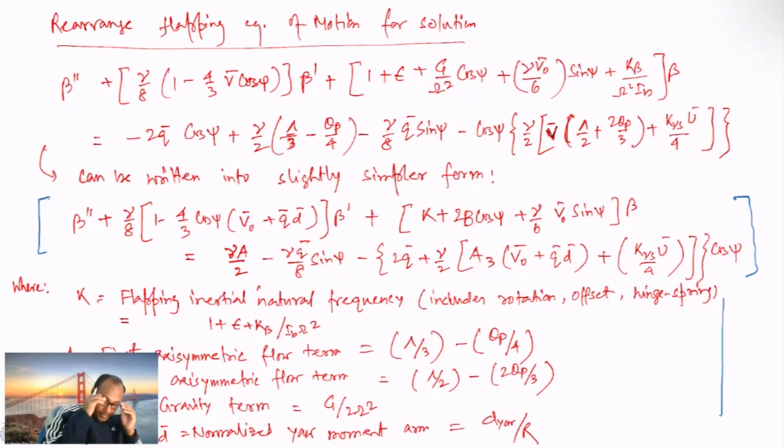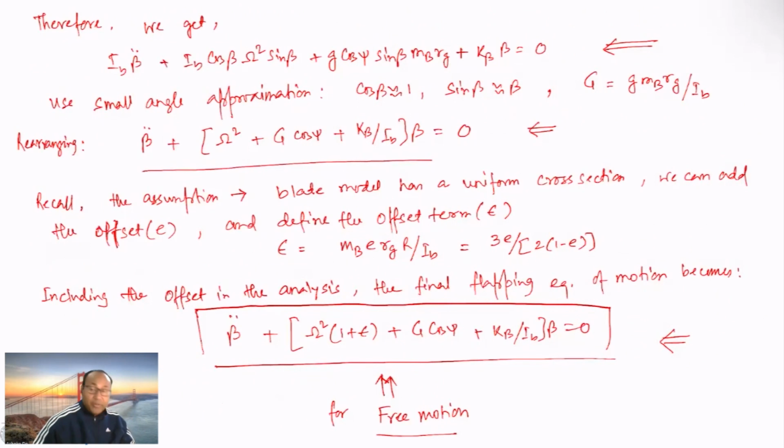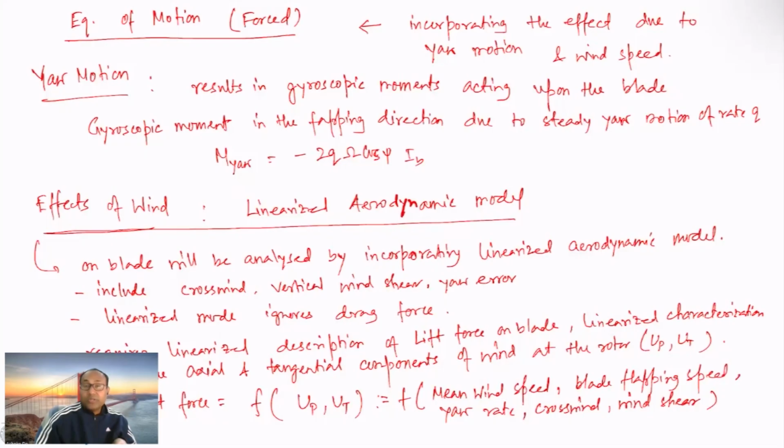Now again, let's quickly go through what we have done. This is where we derived the flapping equation for the free motion, and we can see on the right hand side there is no effect, and then we started deriving the forced equation which incorporates the effect due to yaw and wind speed.